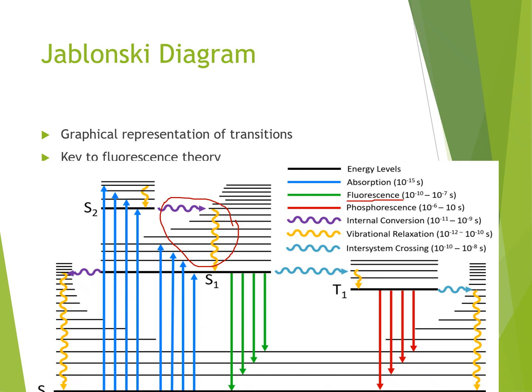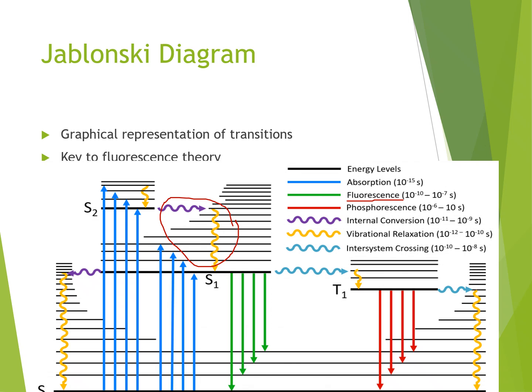However, before the fluorescence process takes place, some energy is utilized in internal conversion and some in vibrational relaxation, and it is not emitted. It is not a radiative process.